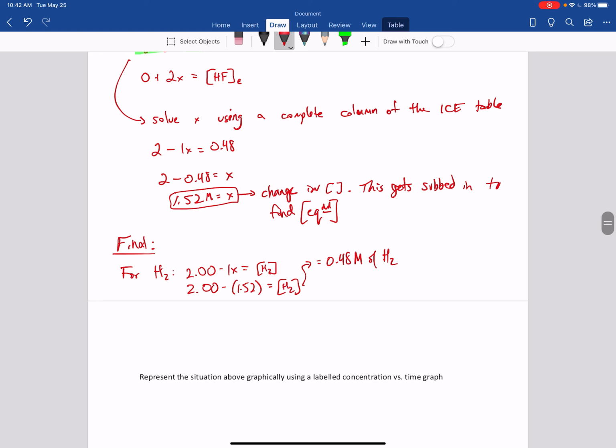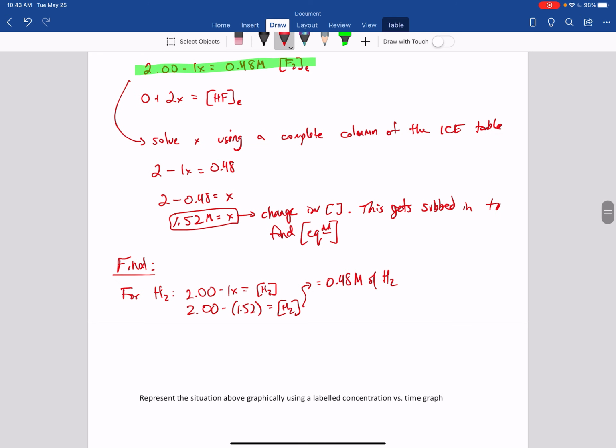Okay, and just to go back down here to solve the second one for hydrogen fluoride, I just wrote a little bit too big here. It's 0 plus 2x, which we can just cancel out, is equal to that concentration. Therefore, 2 times 1.52 equals that concentration.